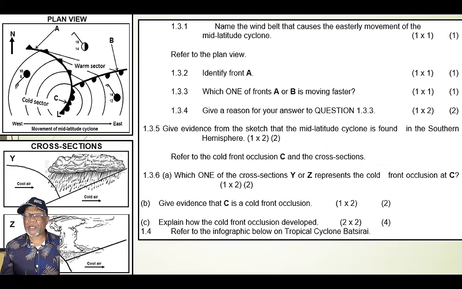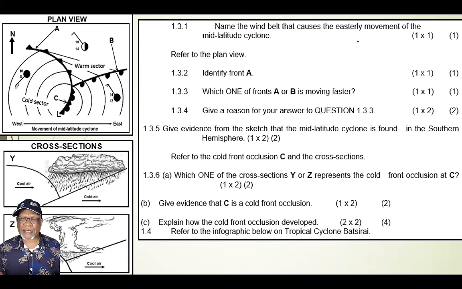Now let's look at the question. It says, name the winds that are responsible for the easterly movement of the mid-latitude cyclone.